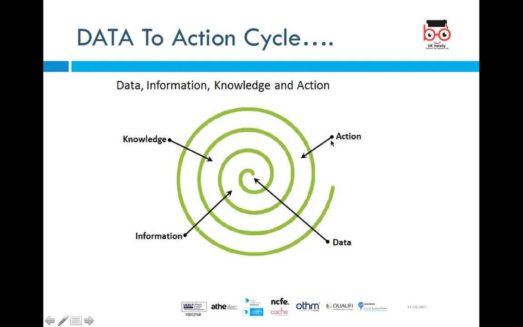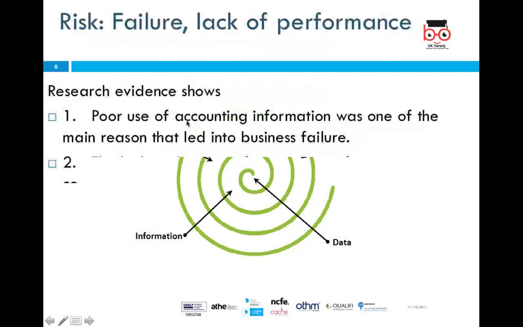Then when we cook it on the hob or oven, that's the action. So data, information, knowledge and action is the data action cycle. When we have any quantitative or qualitative data in our business environment, we process it into knowledge, we inform with that data, and we take a decision, that's action.